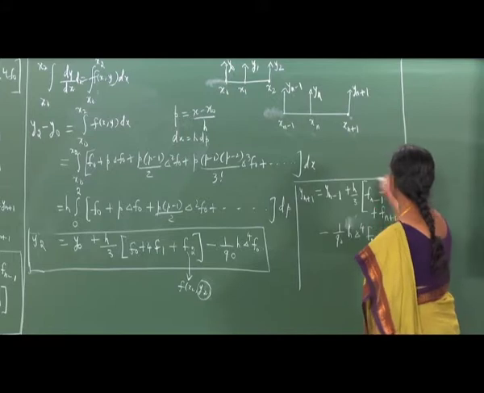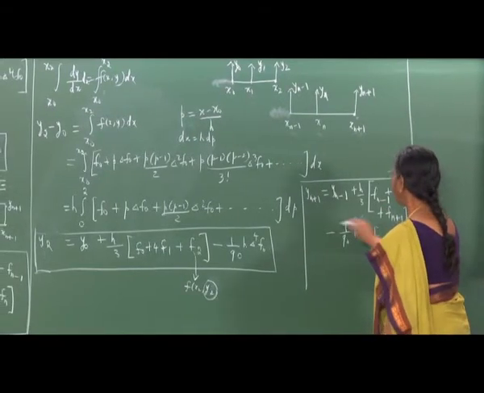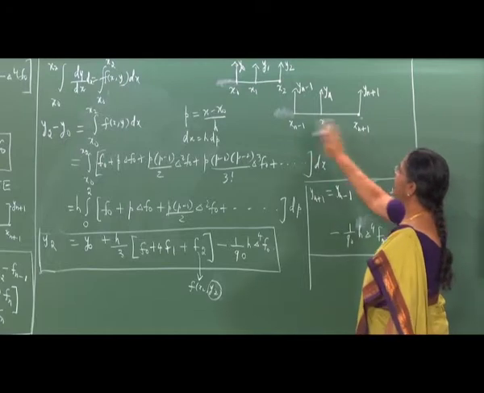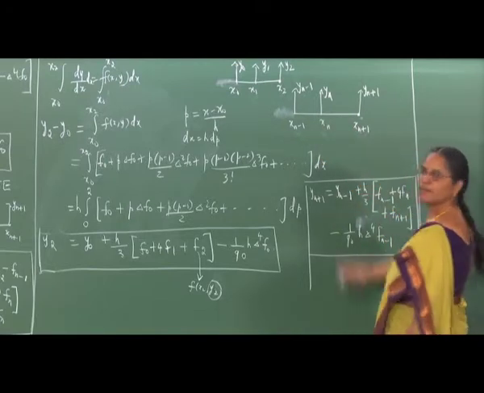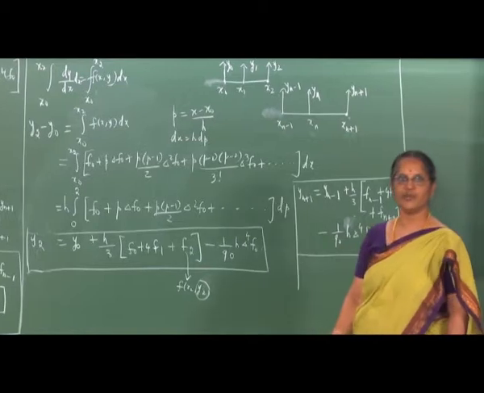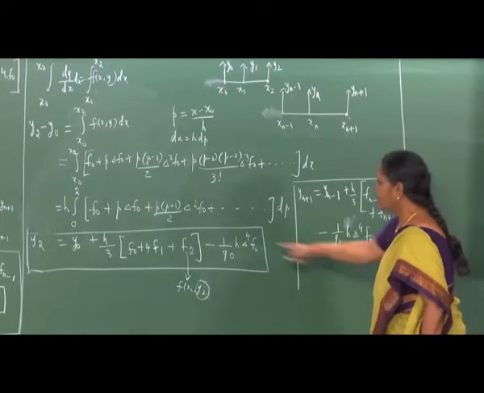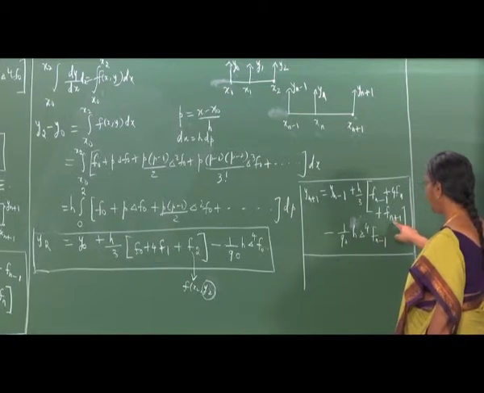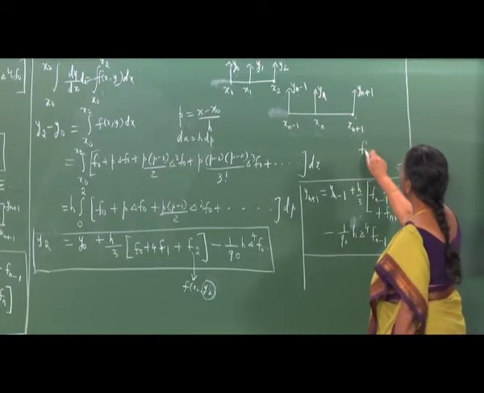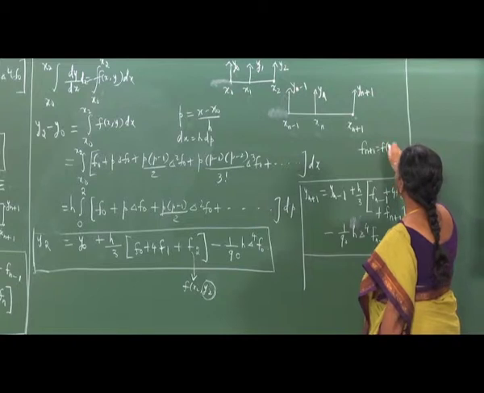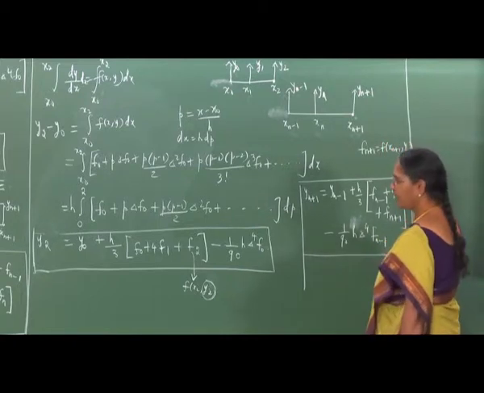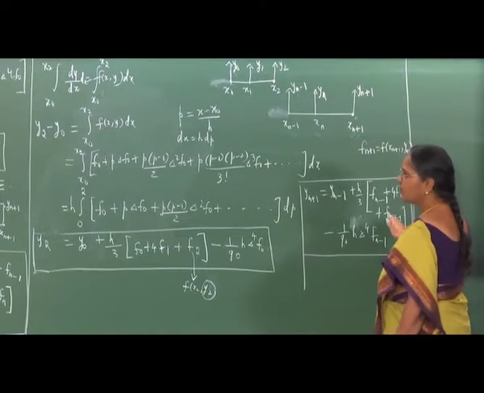So, I have the method written in general in terms of xn minus 1, xn and xn plus 1 and the function values there. As before I observe that this fn plus 1 is f of xn plus 1 yn plus 1. So, I require information about yn plus 1. Where do I get it from?